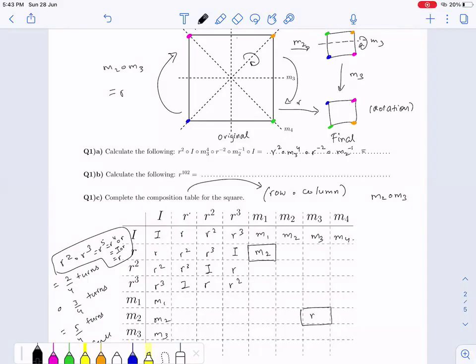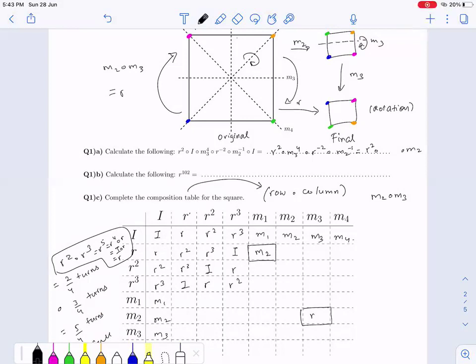Now m2 inverse is the same as m2, because the inverse of the reflection is the reflection itself. So this is m2. r squared is already in place. In the middle we have m3 to the 4.